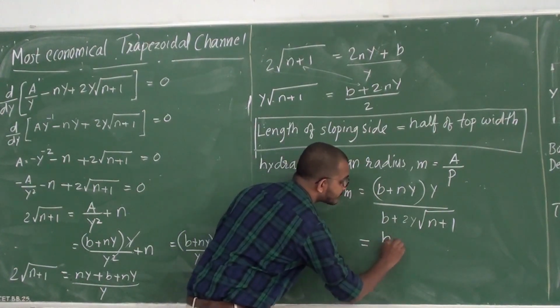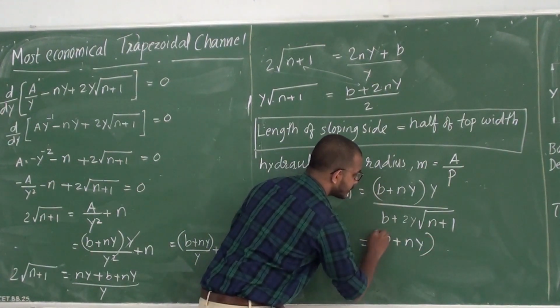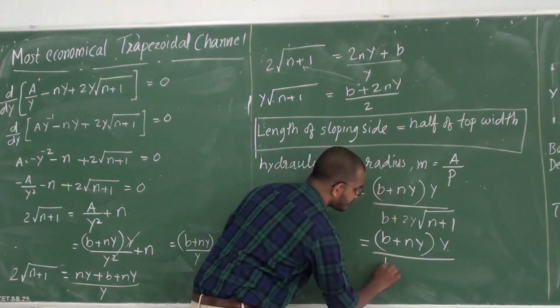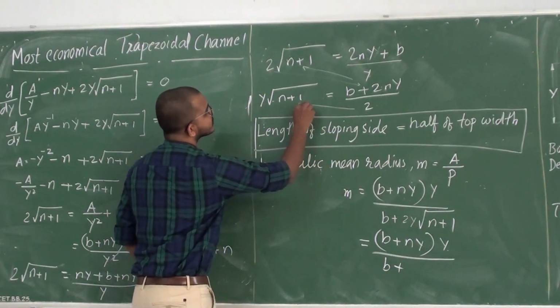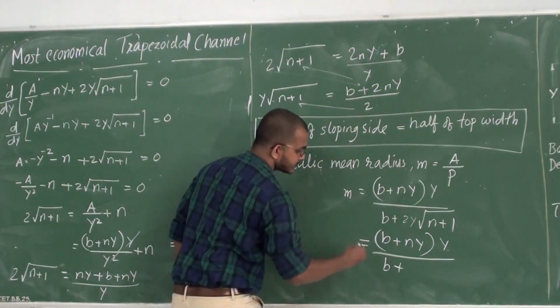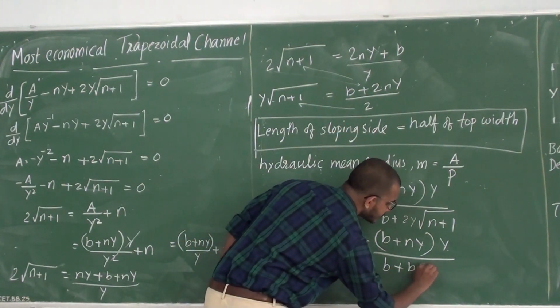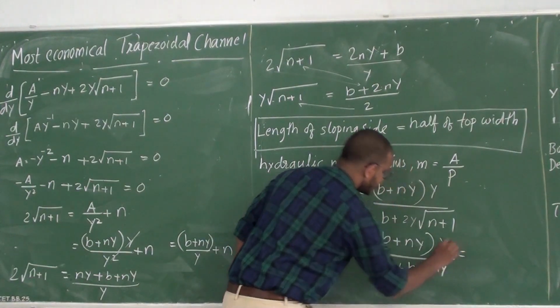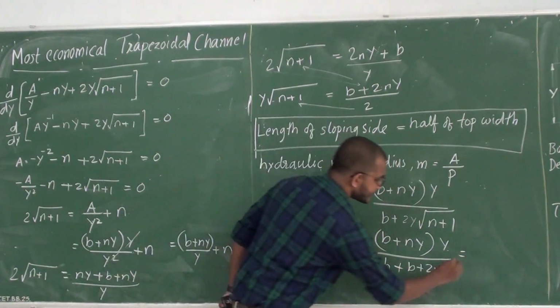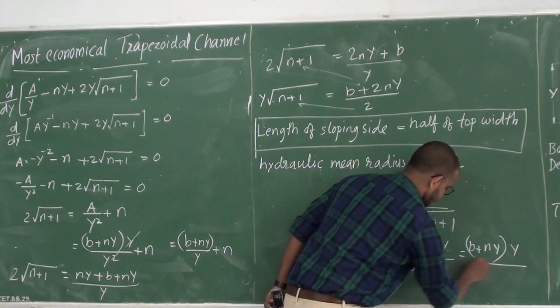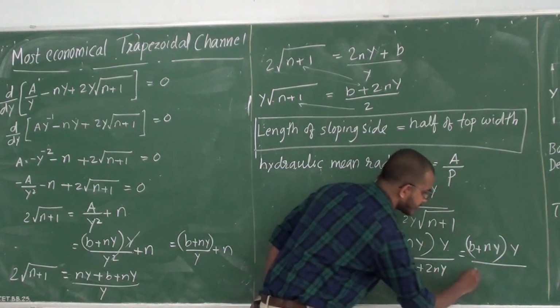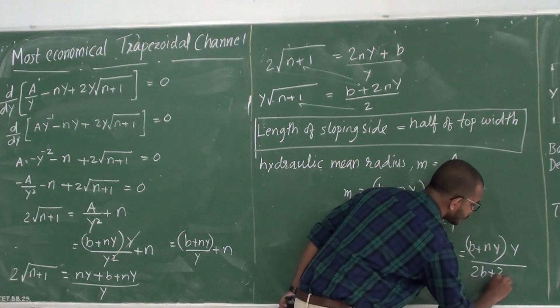This is equal to (b plus ny) into y divided by b plus 2y into square root of n squared plus 1, which is (b plus ny) into y divided by 2b plus 2ny.